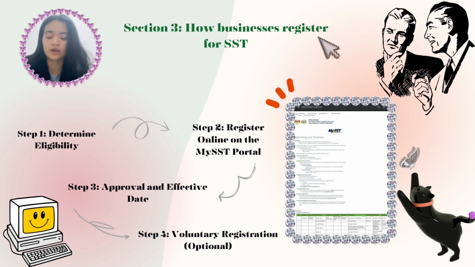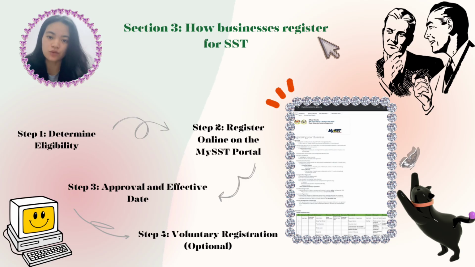If you're providing taxable services, the threshold is 500,000 ringgit. Meanwhile, for businesses selling taxable goods, the threshold is typically 500,000 ringgit as well, but certain categories may vary. If your business crosses this threshold in any 12-month period, you must register for SST.